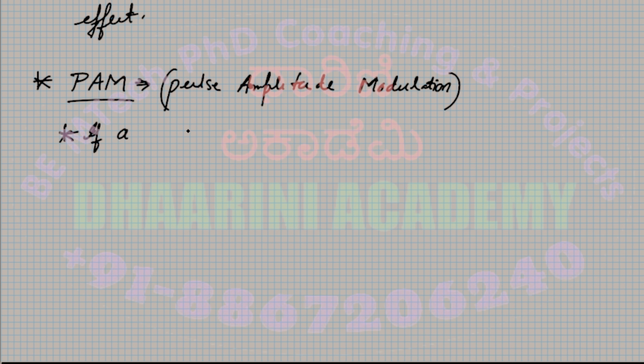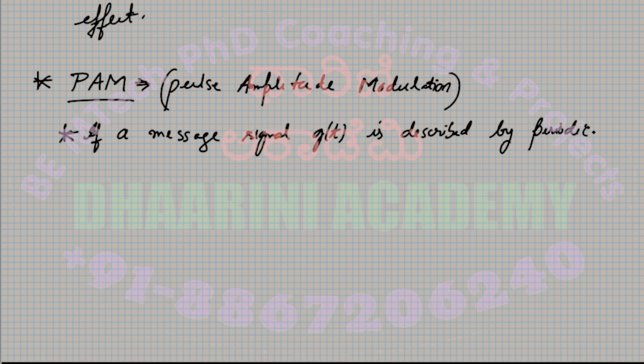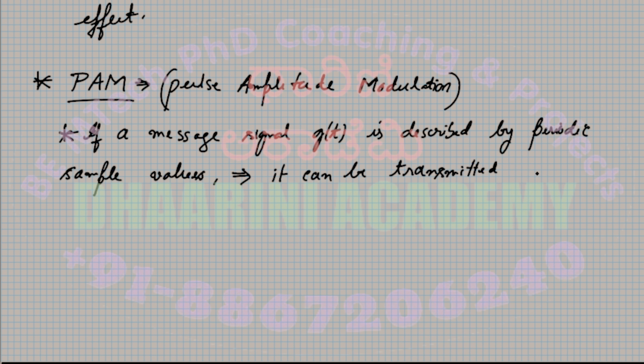That is, if a message signal, that is the G of t, is described by periodic sample values, when I represent it in that way, it can be transmitted using analog modulation.